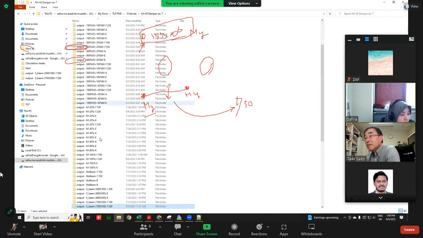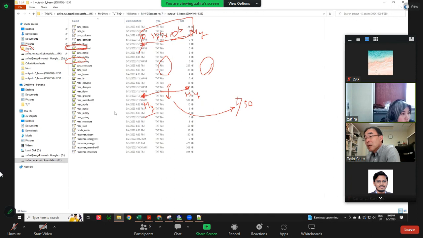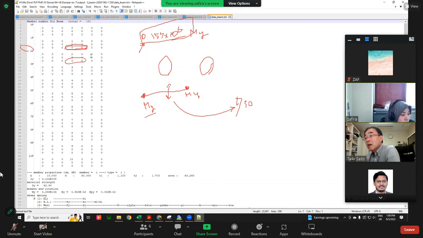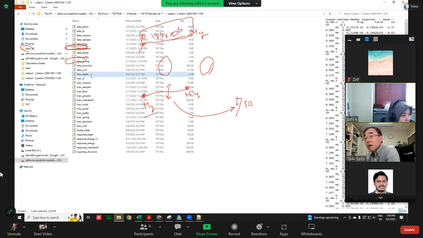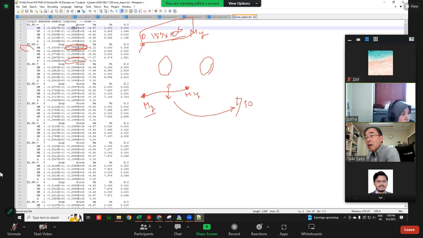Let me compare this one. Data beam is this one, about 29,000 kilonewton centimeter. Then we open max beam. Yes, it's the same here, 2,000, and the factor is almost 5.